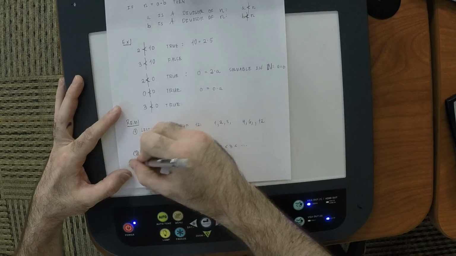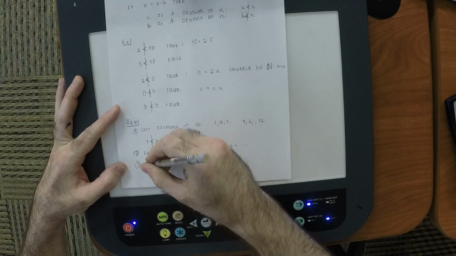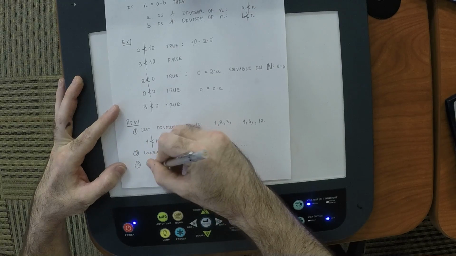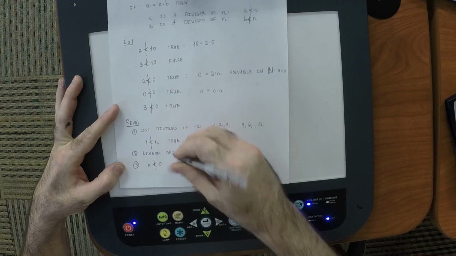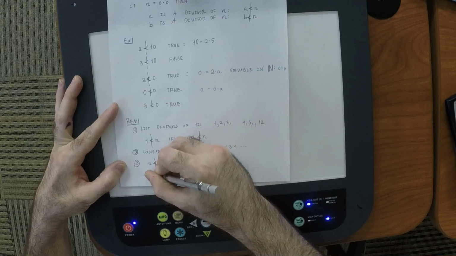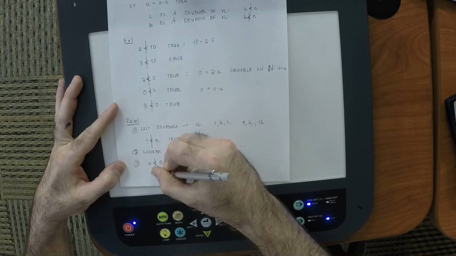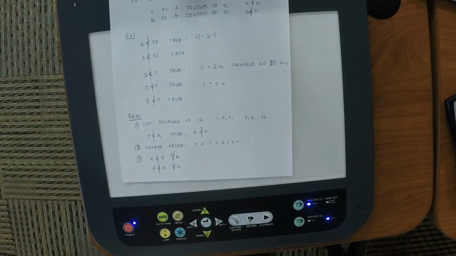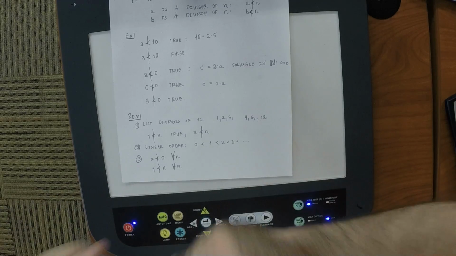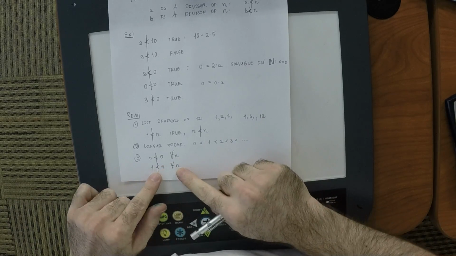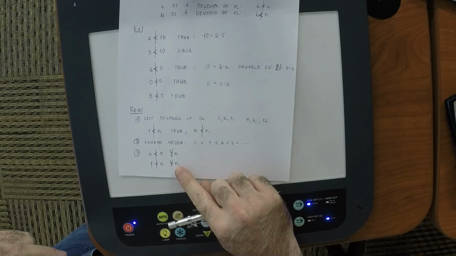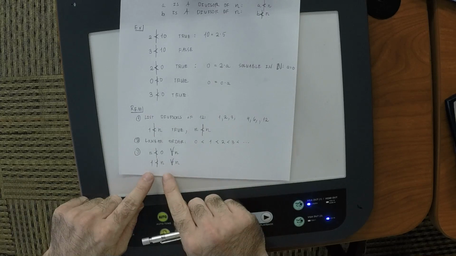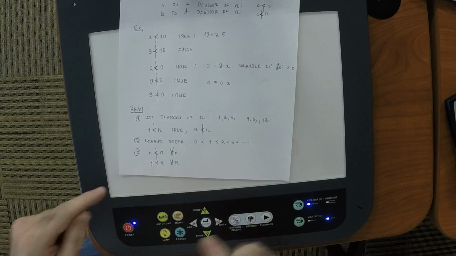But now, because n is a divisor of 0 for all n, and because 1 is a divisor of n for all n, that means that according to this order, the division order, what is the least natural? What's the minimum according to this order? It's 1.